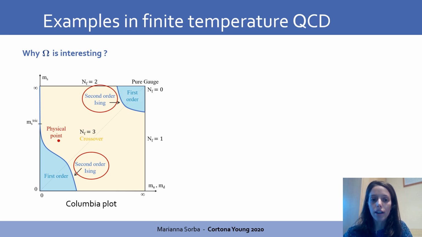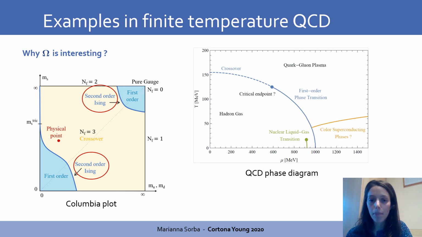But even more interesting is the case of the QCD phase diagram at finite temperature and finite baryonic chemical potential. In this regime, we know that Monte Carlo simulations fail due to the well-known sign problem. Therefore, all the study rely only on theoretical predictions and experimental results.